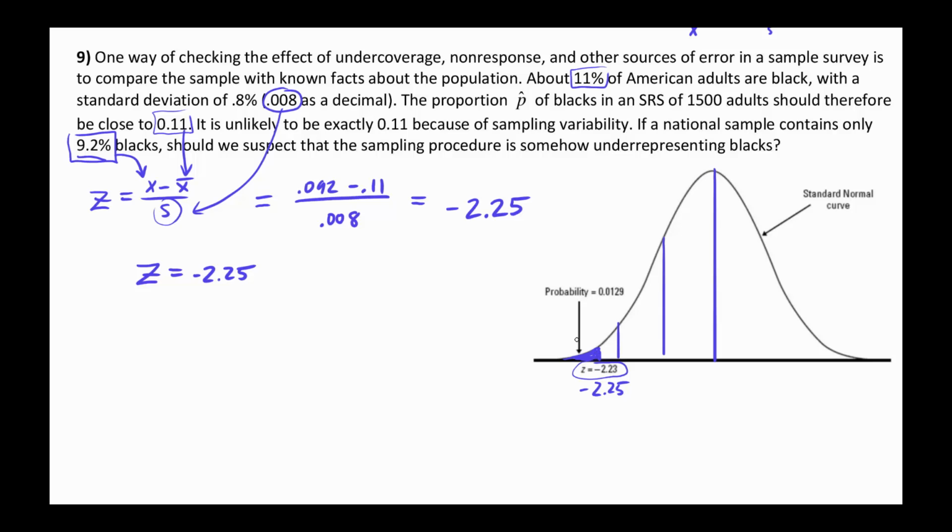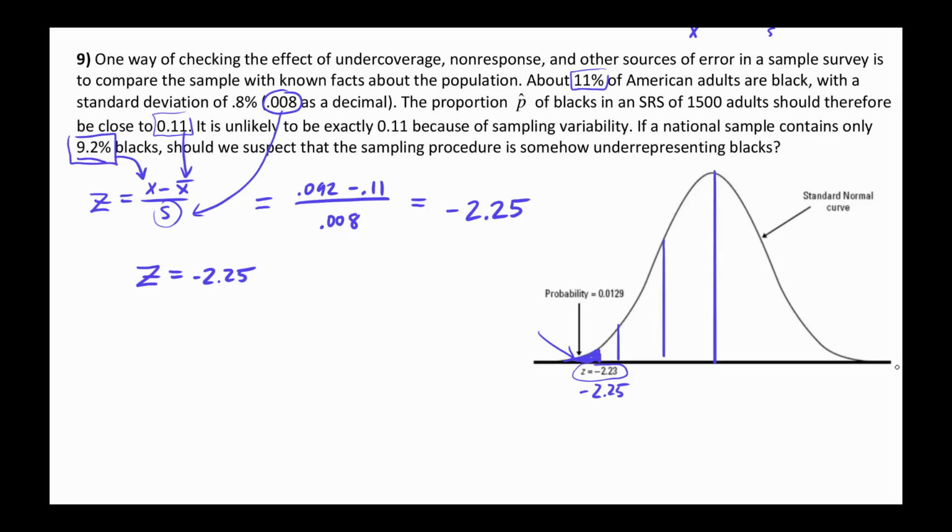So what is the probability? How do I figure out this area? Well, if you recall, we have to use the big z-score table. I won't make you take that out now, but you might have to use that in the upcoming sections. Finding this area is actually the likelihood that it will occur. If we are in this shaded part, that's the odds of it being less than 9.2% blacks.